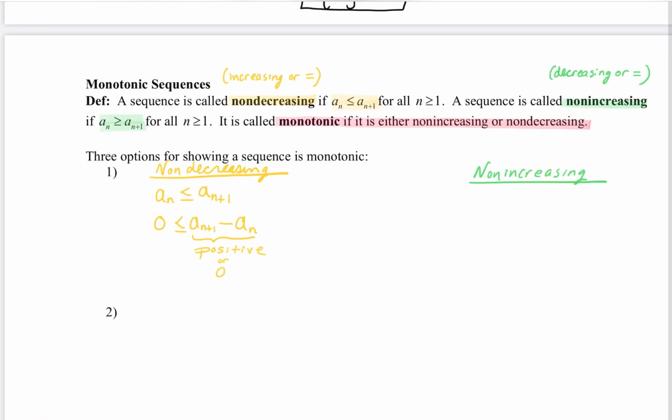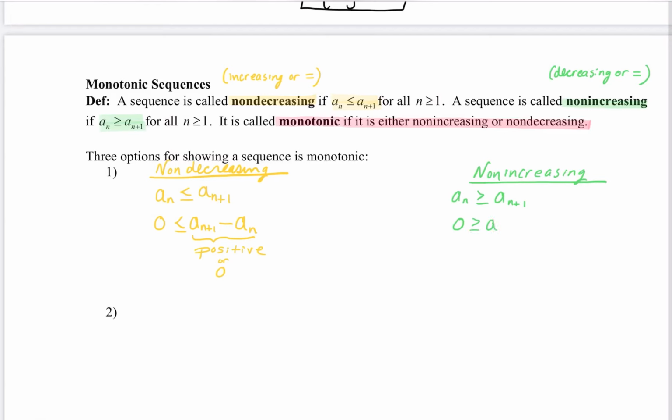Over here on the right, again, if I start off with my assumption that a sub n is greater than or equal to a sub n plus 1, so a subsequent term is less than or equal to a previous term, again, let's say that you were to subtract the a sub n over to the right-hand side.